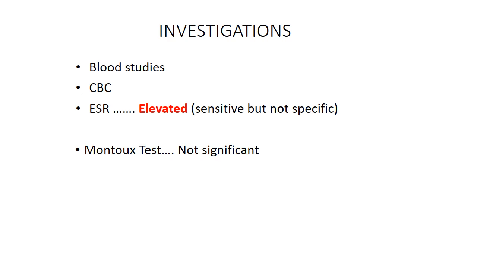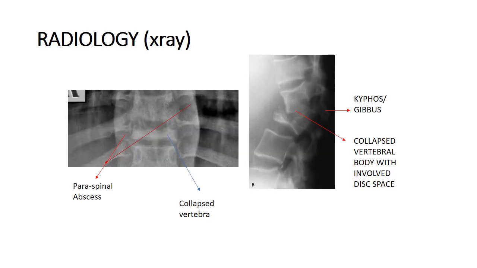Mantoux test was done previously, but now it's not a routine test. The most common investigation: if a patient presents with spinal tuberculosis, the first investigation you will order would be an X-ray.